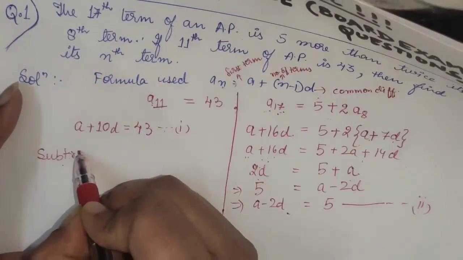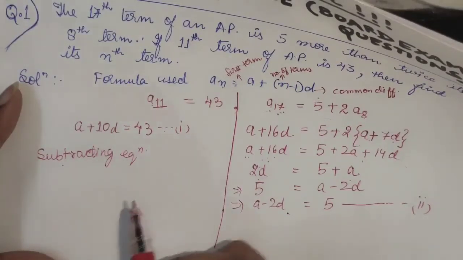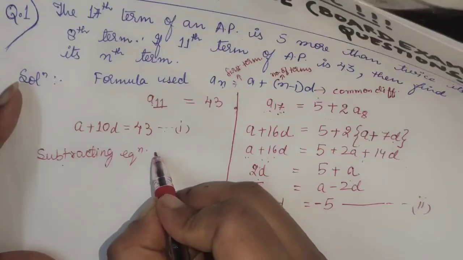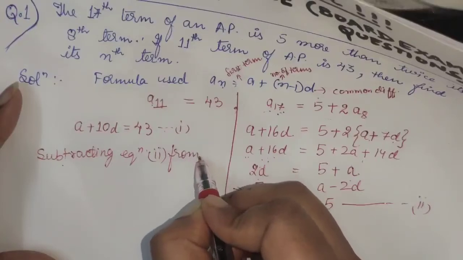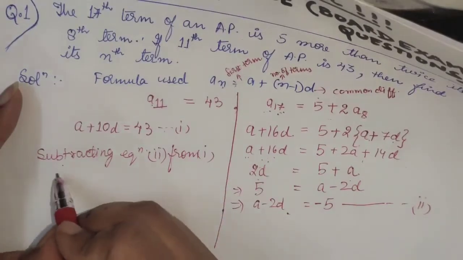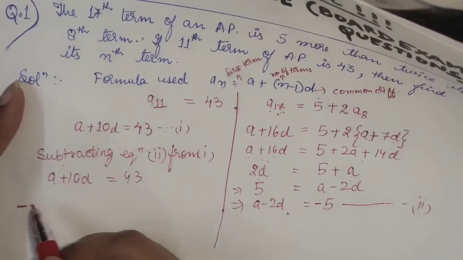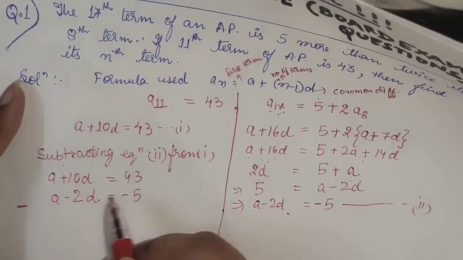Subtracting equation 2 from 1: a plus 10d is equal to 43, and a minus 2d is equal to 5.